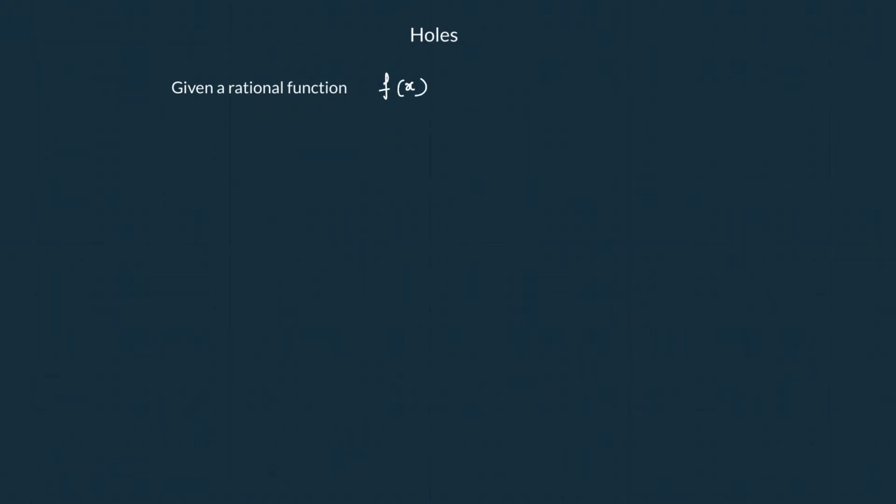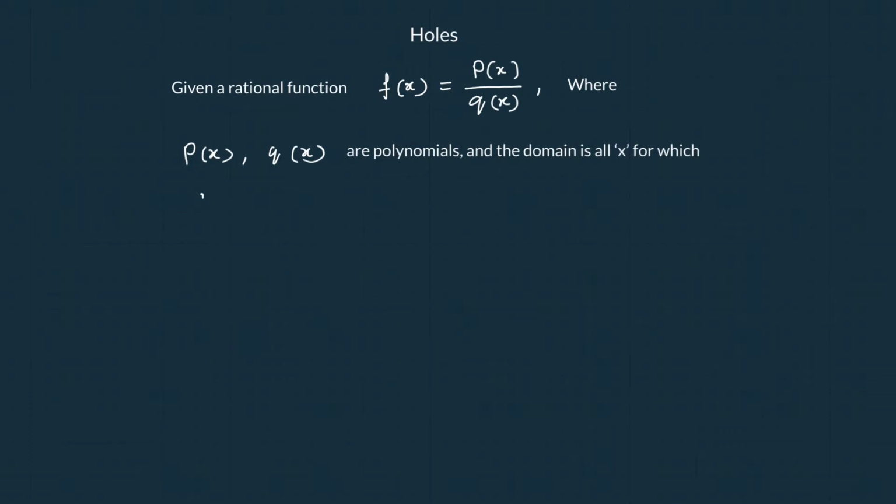Given a rational function f of x equals p of x divided by q of x, where p of x and q of x are polynomials, and the domain of f of x is all x for which q of x is not equal to 0.